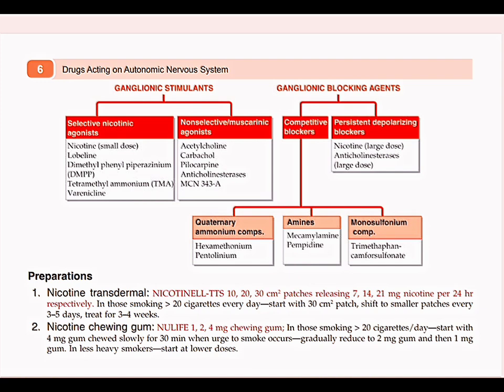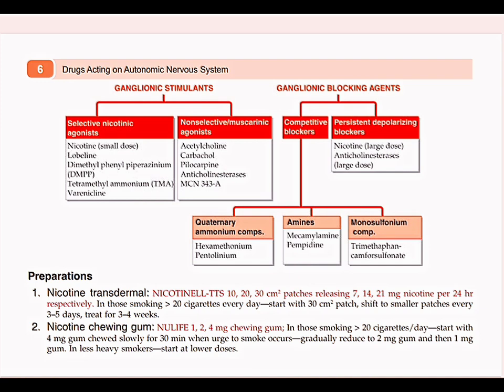Stimulants are divided into two parts, that is selective nicotinic agonists and non-selective muscarinic agonists. Selective nicotinic agonists contain nicotine in small dose, lobeline, dimethyl phenylpiperazinium and tetramethyl ammonium, etc. While non-selective or muscarinic agonists contain acetylcholine, carbachol, pilocarpine, McN-A-343, anticholinesterase, etc. These are the ganglionic stimulants.